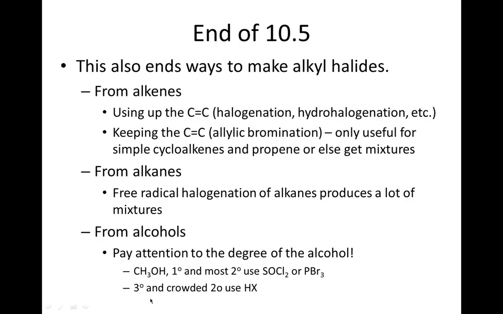If it's tertiary or if it's a crowded secondary, then we're going to use HX, and we can actually do all four: chlorine, bromine, iodine, and fluorine with HX, but we don't have any way to get the other halogens, fluorine or iodine, in with this kind of process. We'll have to wait and see how to do that in chapter 11. So that's the end of this section of material.